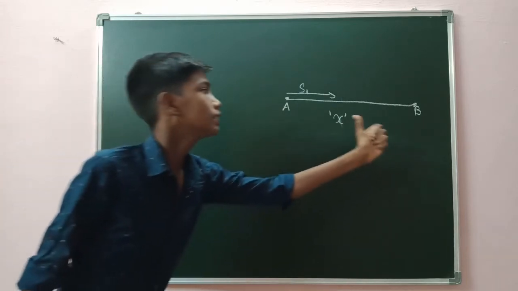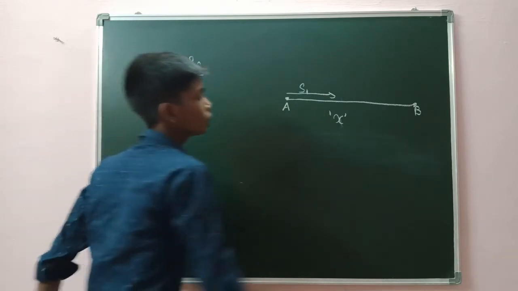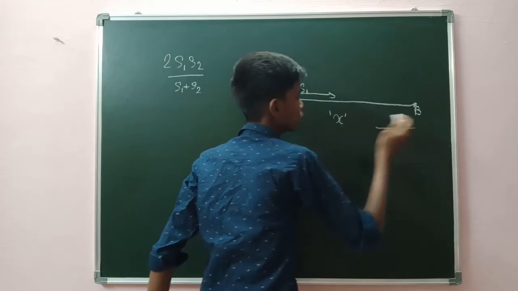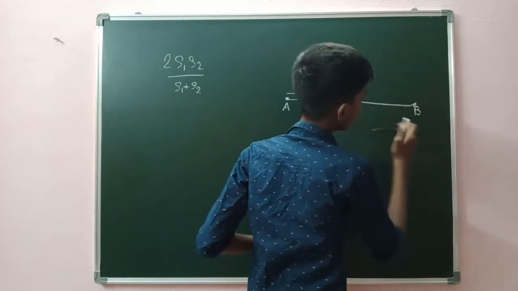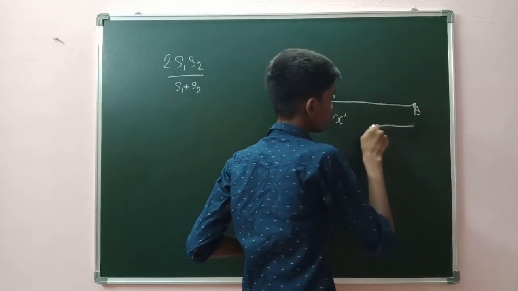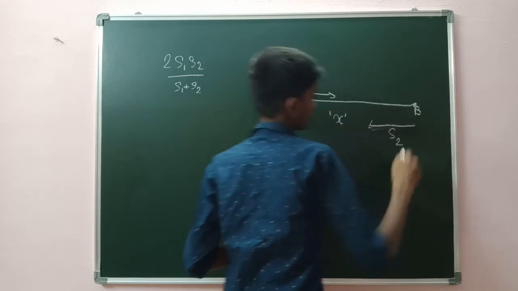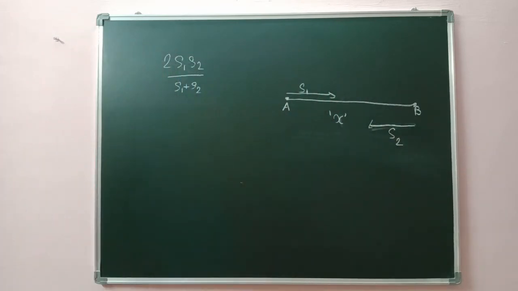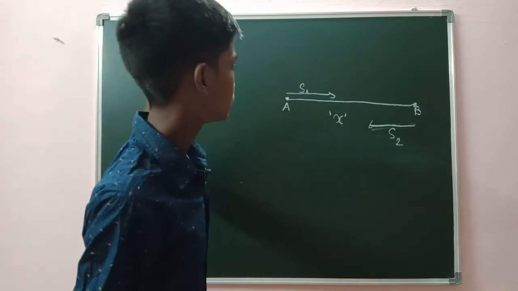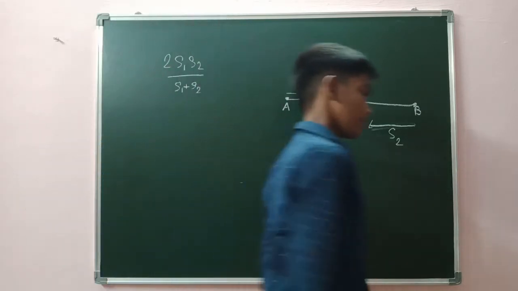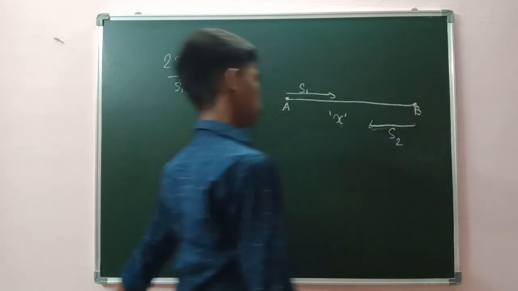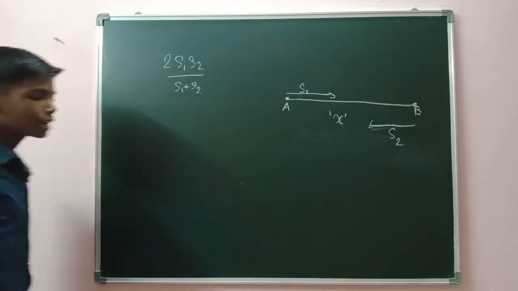Return trip means it is going back to A, going back to A at a speed S2. That's the condition I am saying. Please make a note of it. So from point A to point B it is moving at speed S1, and from point B to point A it's moving at S2.